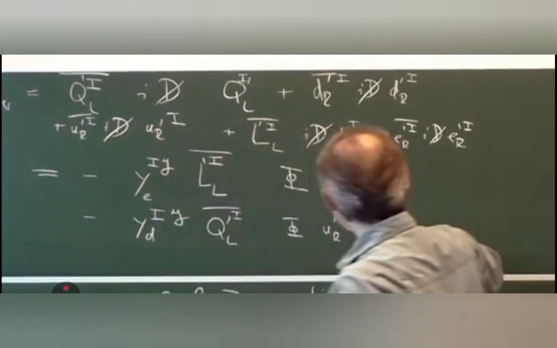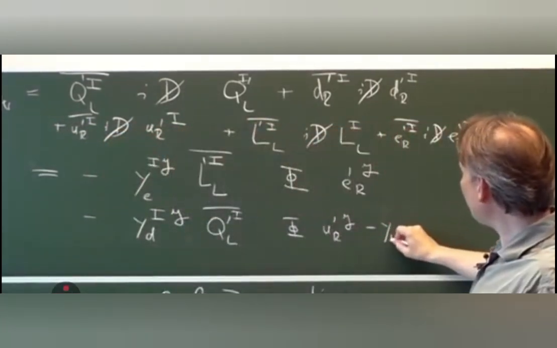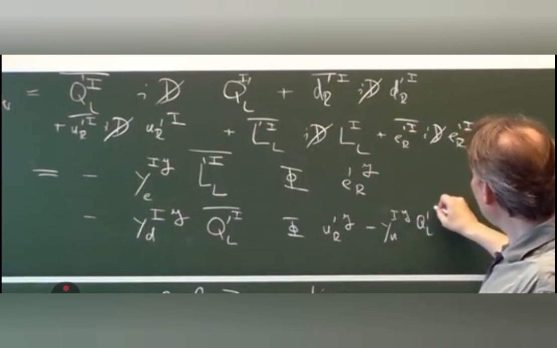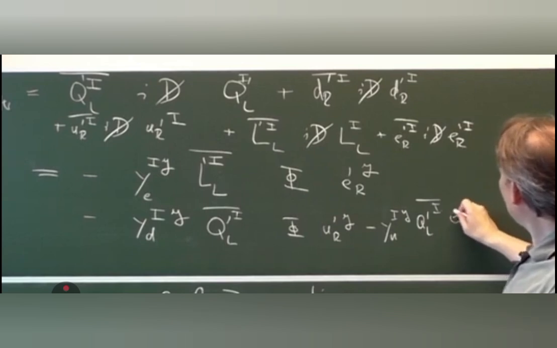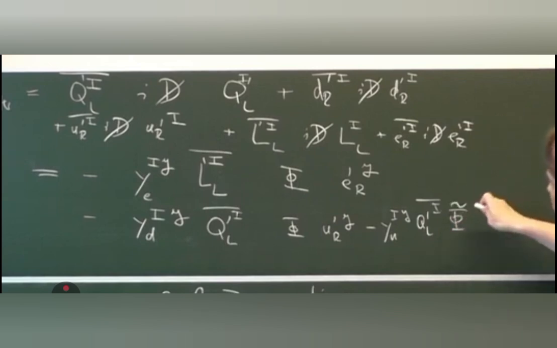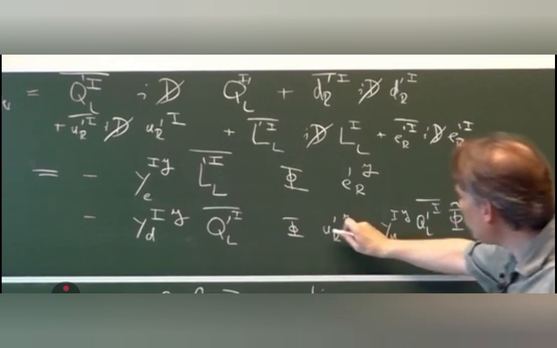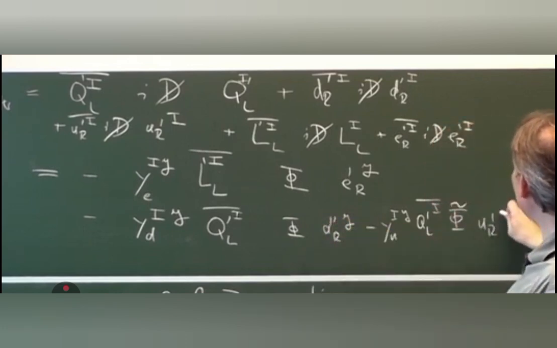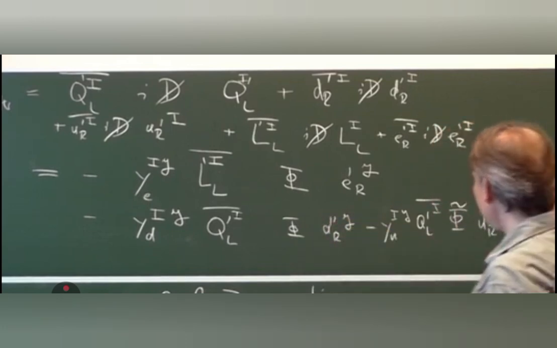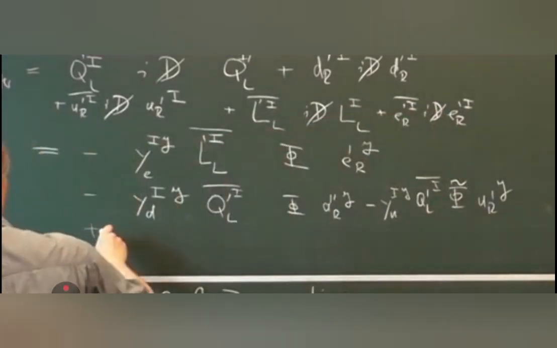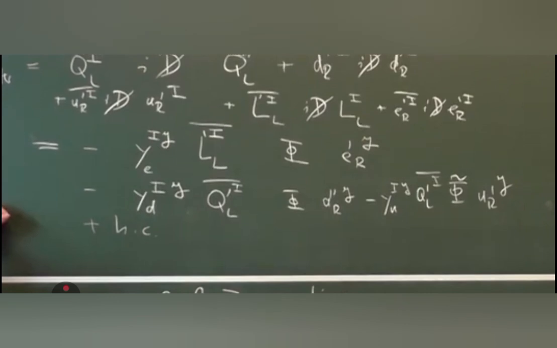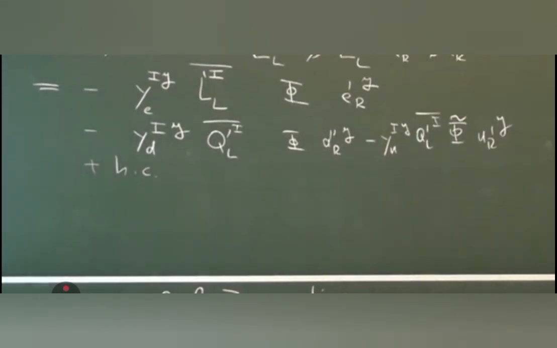And for the up quarks, minus yu ij ql prime i bar, then the phi tilde from the morning, ur prime j. And the whole thing plus its Hermitian conjugate. Okay, so this is the Yukawa term, so it becomes way more complicated.